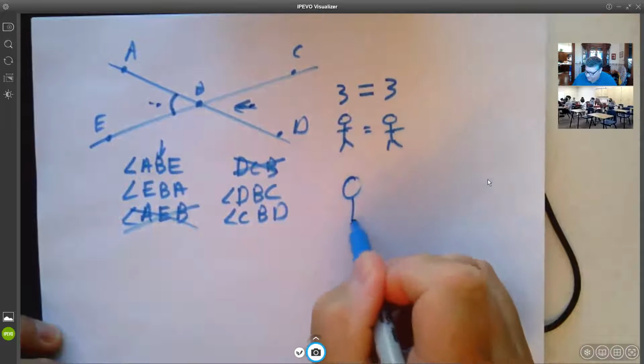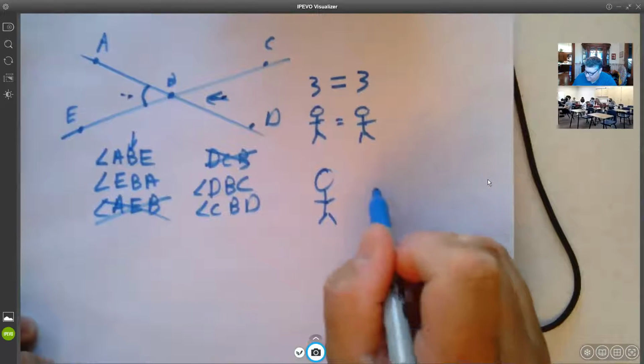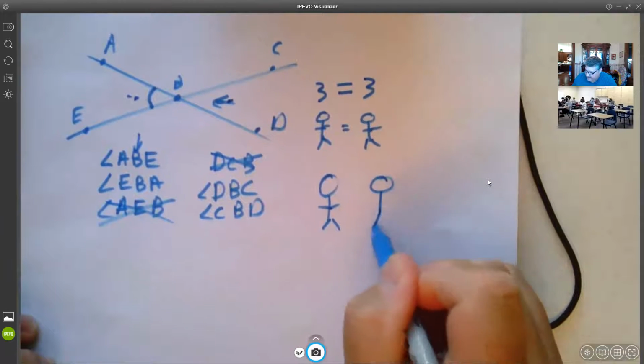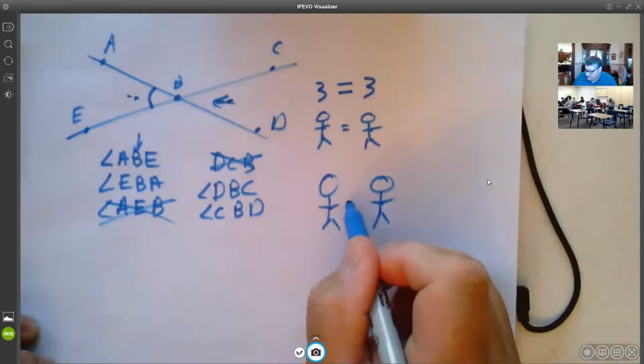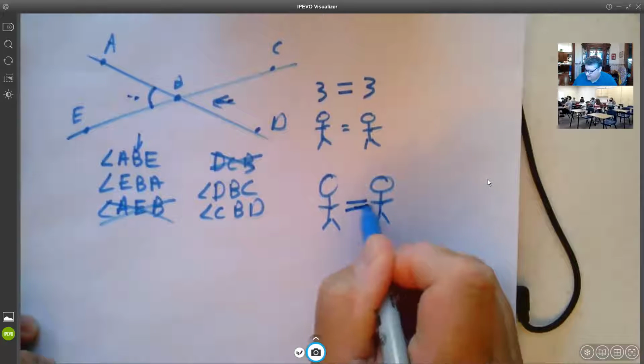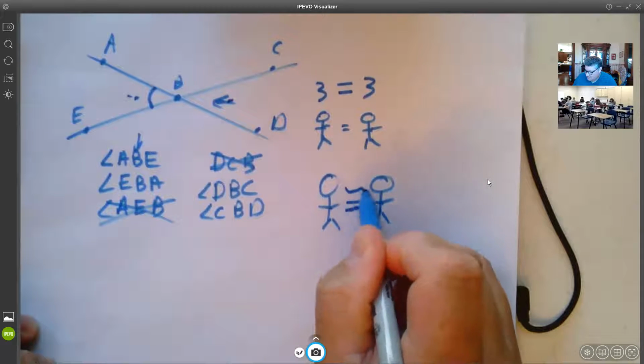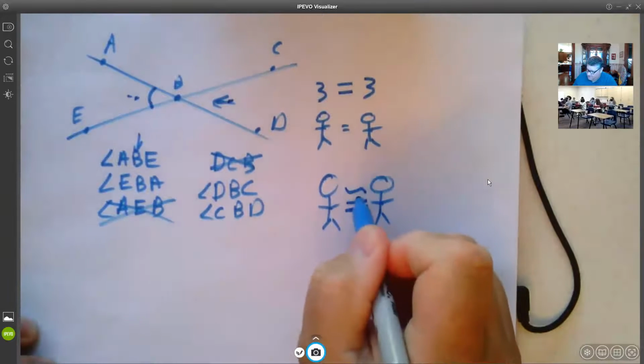However, if we have people that are twins, are they actually the same person? No. Do they normally look quite a bit alike? Yes.